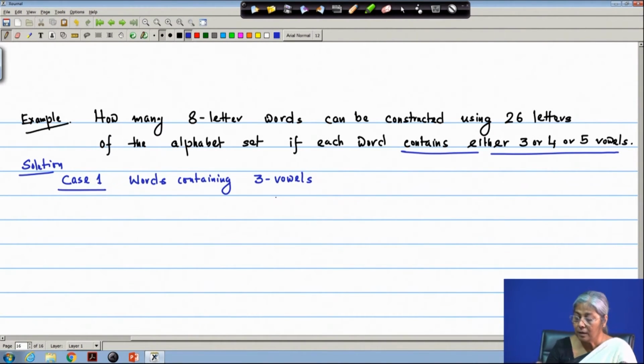Since there are 3 vowels, in this case there will be 3 vowels and 5 consonants.